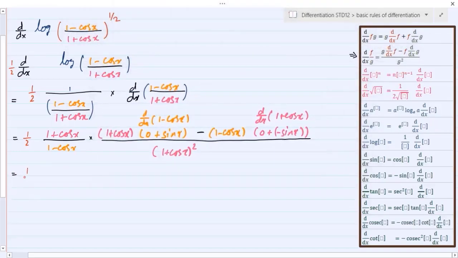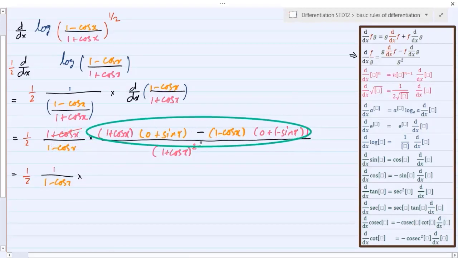Now let's simplify. 1 by 2 will be as it is. 1 power of (1 plus cos x) will cancel out. So here we will get 1 upon (1 minus cos x) into, to simplify our numerator, we can take sin x common.